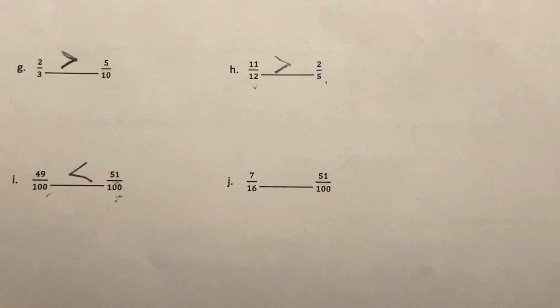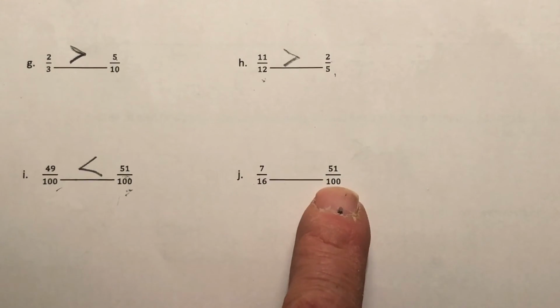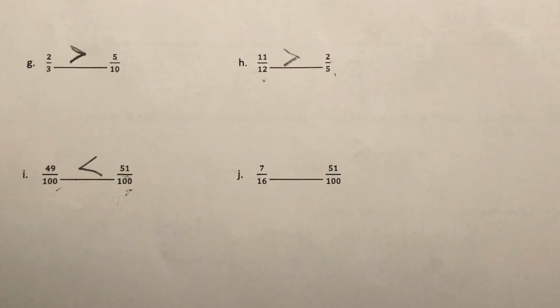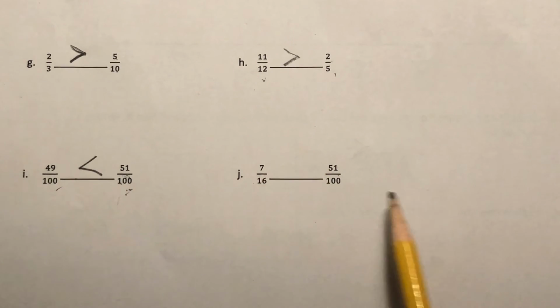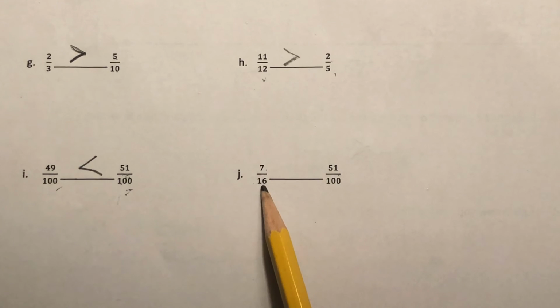Okay, this one is 7/16 and 51 hundredths. Now 51 hundredths, just like over here, that's just a tad bit higher than half. Because isn't half of 100, 50? Right, so this is 51, so it's just a touch higher than a half. Then I got 7/16. And I have to ask myself, well, 16 is an even number.